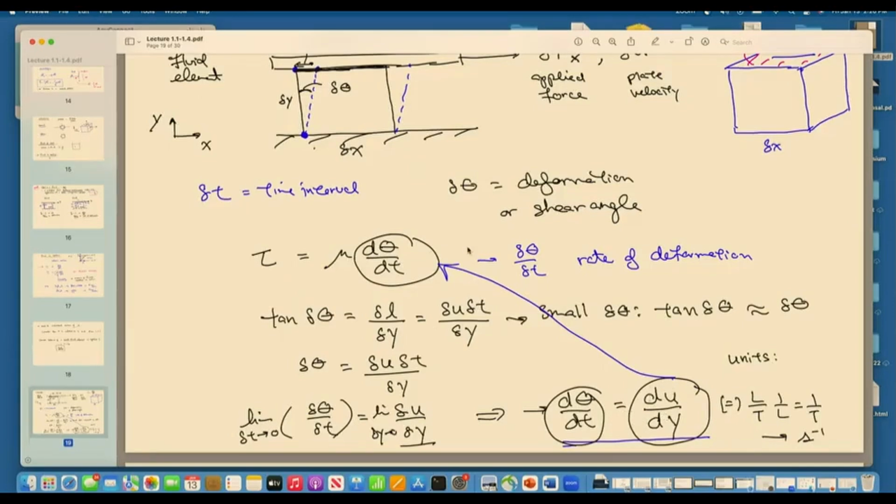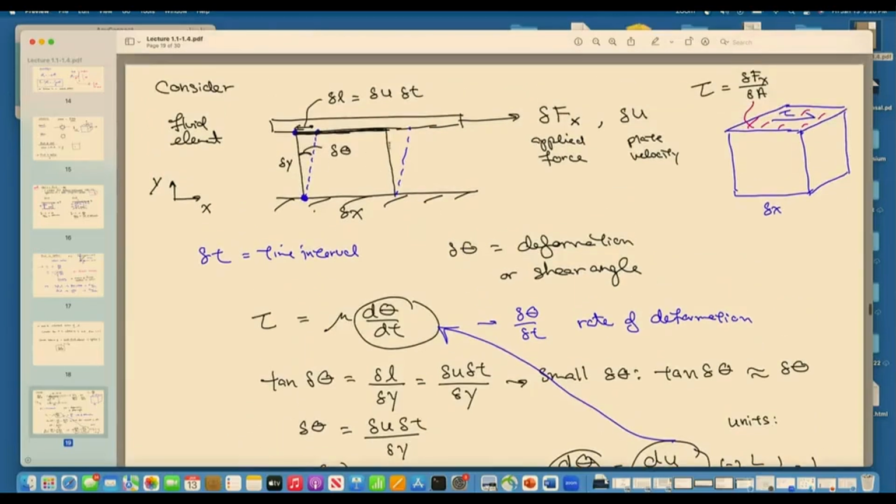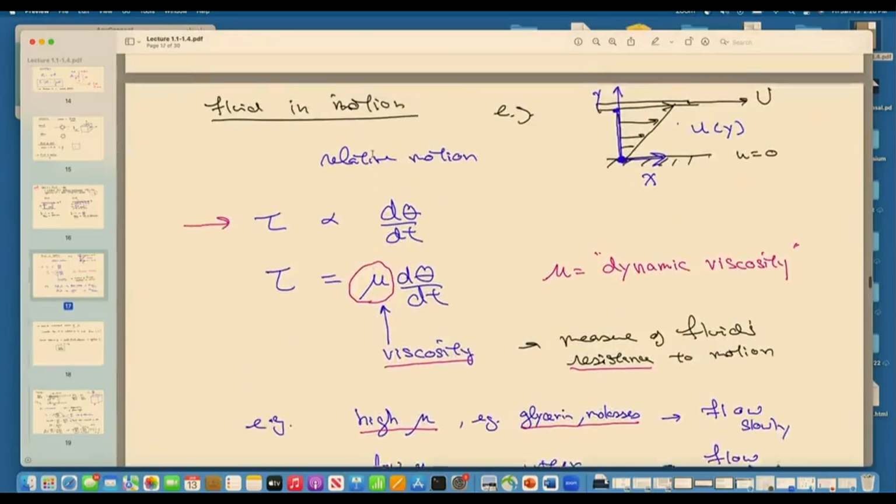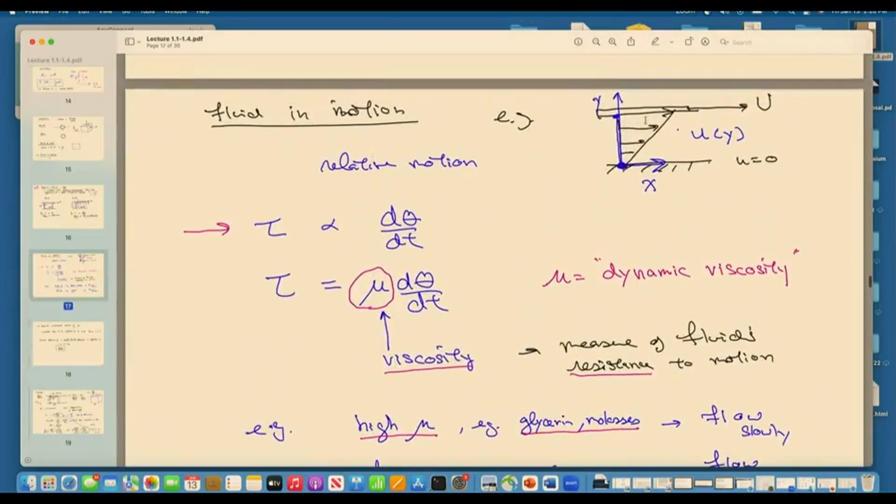Okay? And in this simple problem that we had considered, as it turns out, and we'll confirm this later on when we do differential analysis, we can solve for the velocity distribution in this flow. But it turns out it is linear. Okay? Velocity distributions are not always linear, but for this simple problem, it is. Okay? So we have this linear distribution in this particular case.